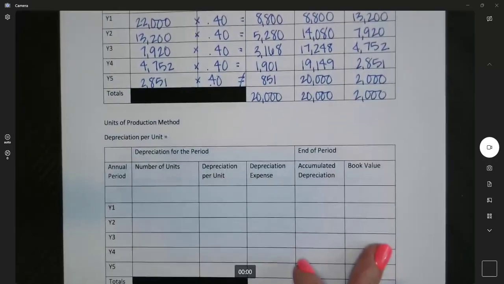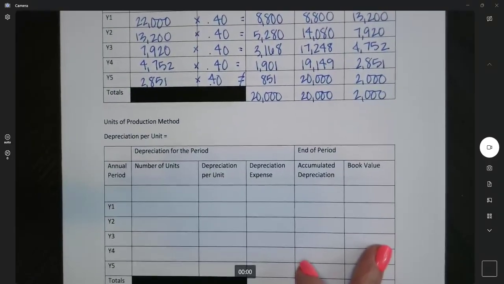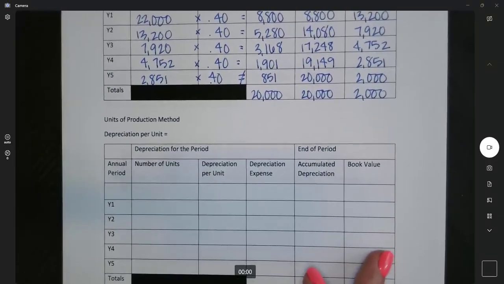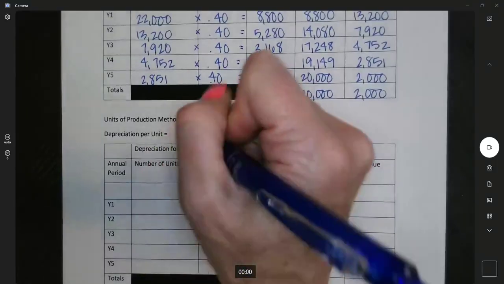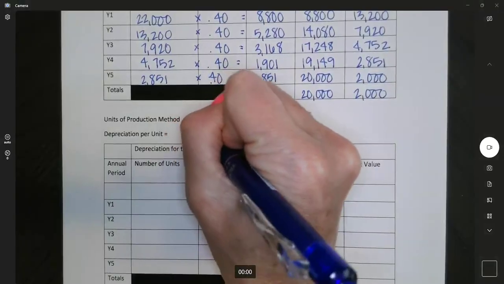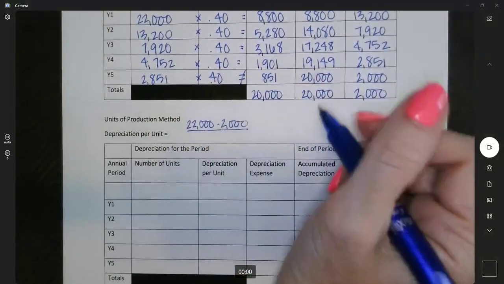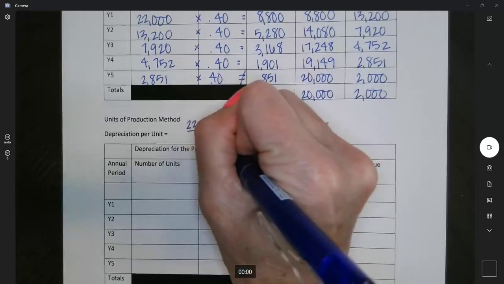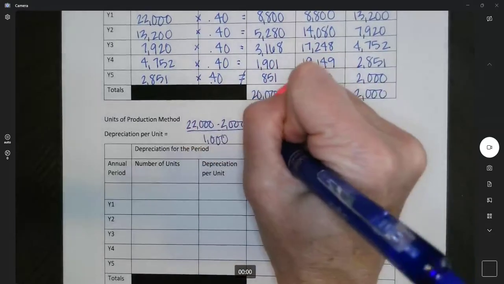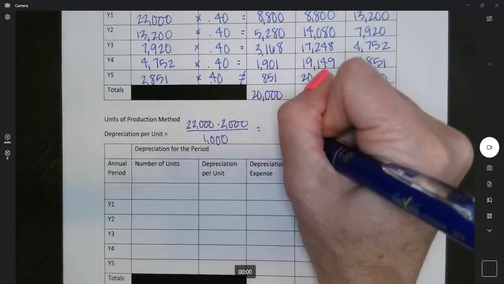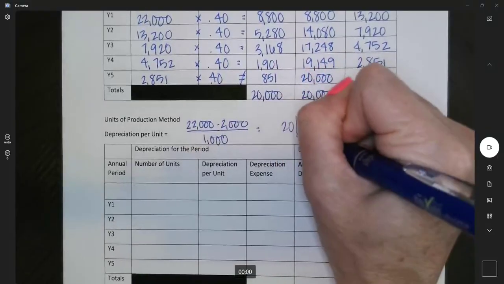Scooting down to units of production. For our depreciation per unit, we're going to take our depreciable cost, 22,000 minus 2,000. We're going to divide it by the number of units we expect to produce, which is 1,000 units. We're going to get $20 per unit.